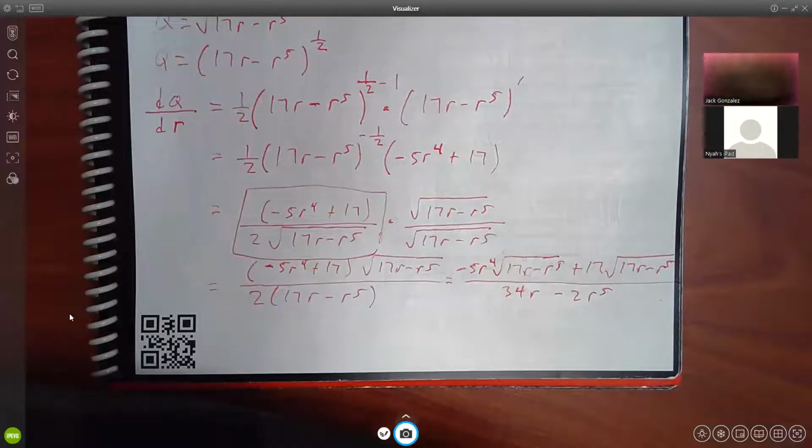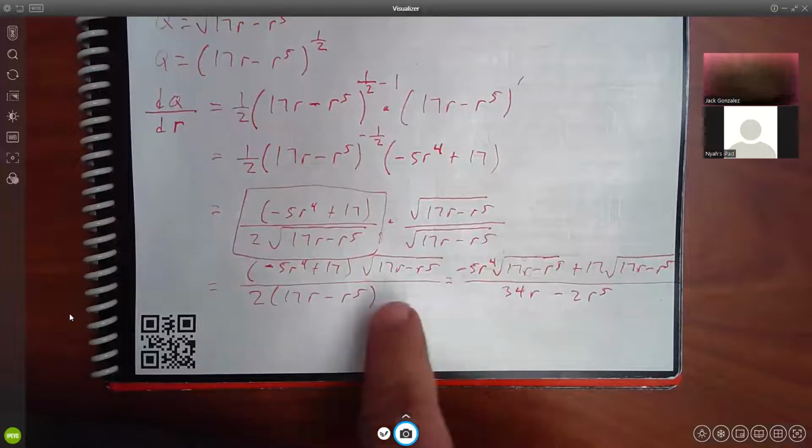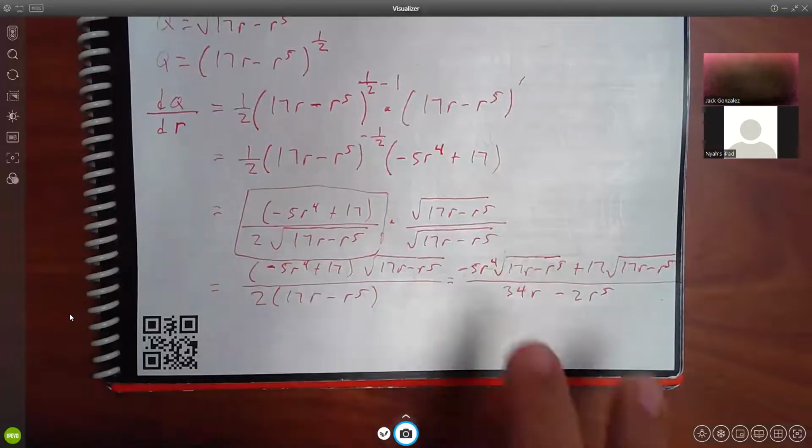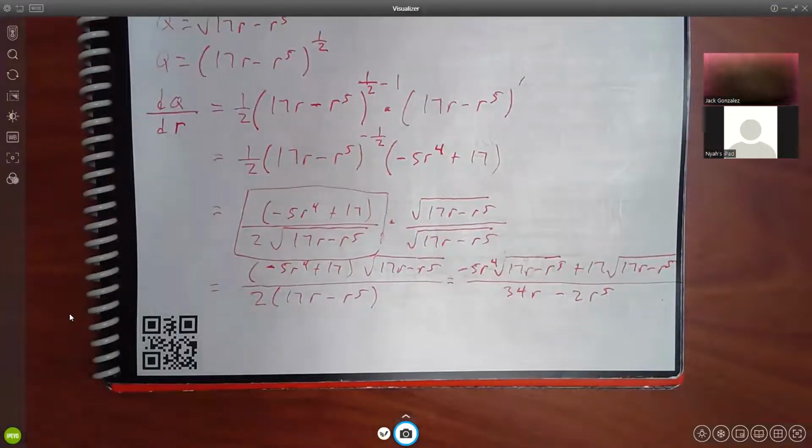Yeah, negative powers are another rule. Following all those rules will get you here. Any questions on 12?